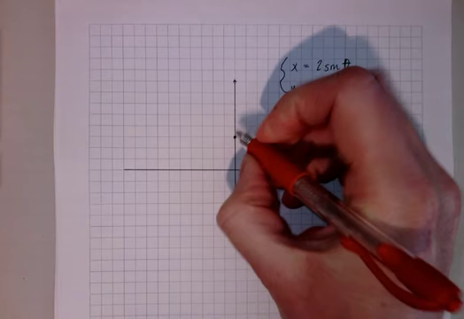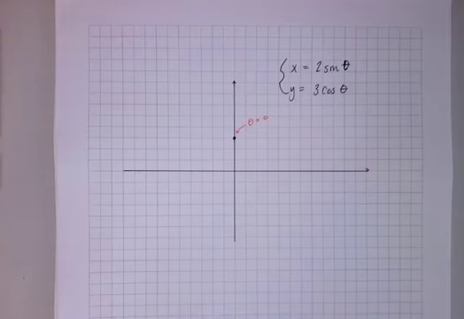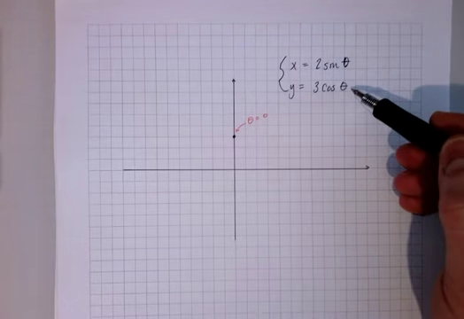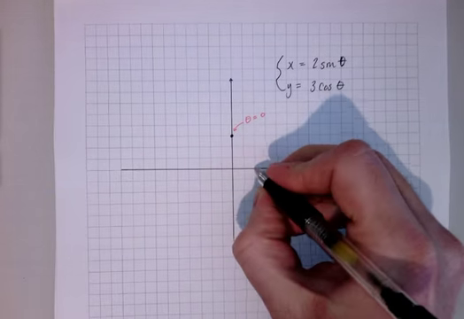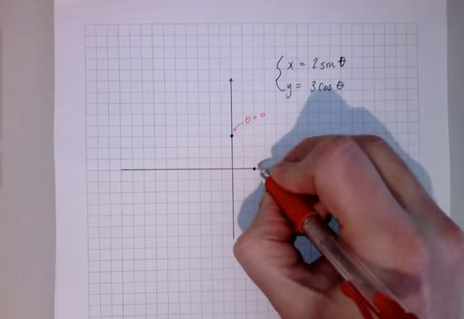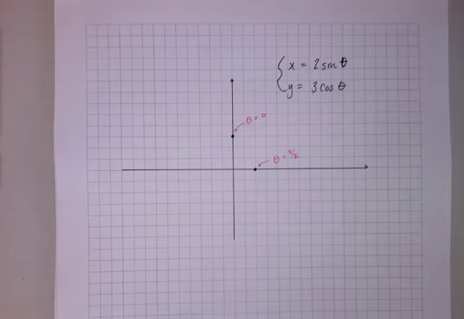And that occurs when theta is equal to 0. Okay, well let's deal with theta is equal to pi over 2. When theta is equal to pi over 2, y is going to be 0, and x is going to be 2. Okay, and so that right there happens when theta is equal to pi over 2.